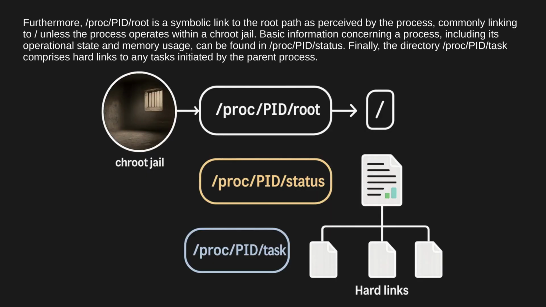Furthermore, /proc/PID/root is a symbolic link to the root path as perceived by the process, commonly linking to / unless the process operates within a chroot jail. Basic information concerning a process, including its operational state and memory usage, can be found in /proc/PID/status. Finally, the directory /proc/PID/task comprises hard links to any tasks initiated by the parent process.